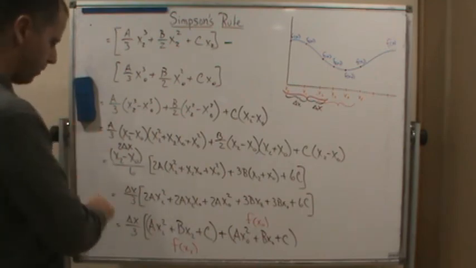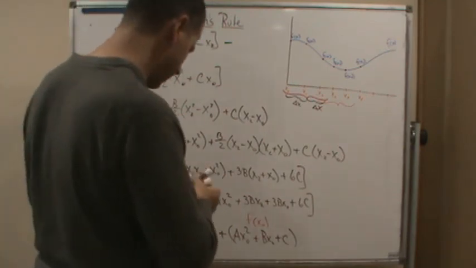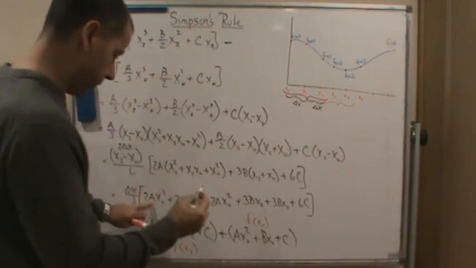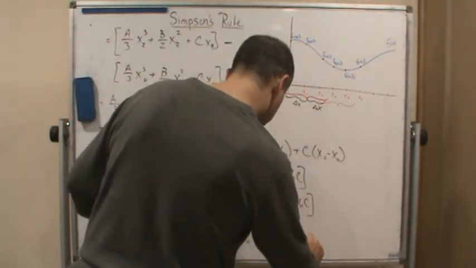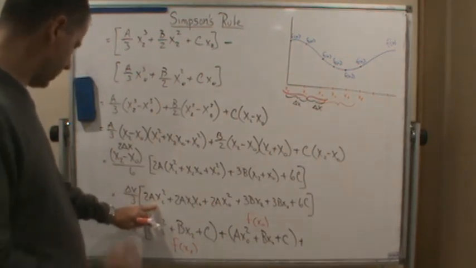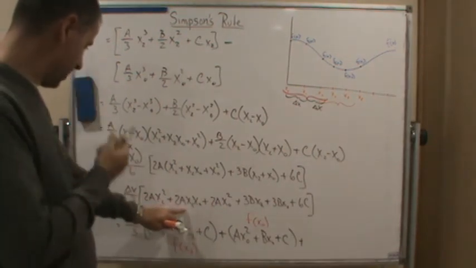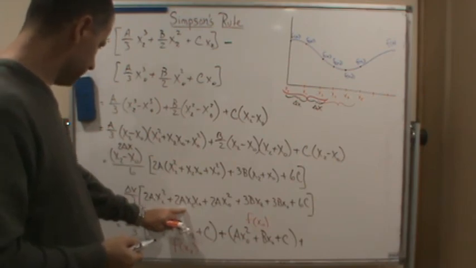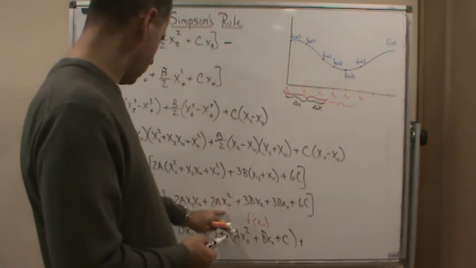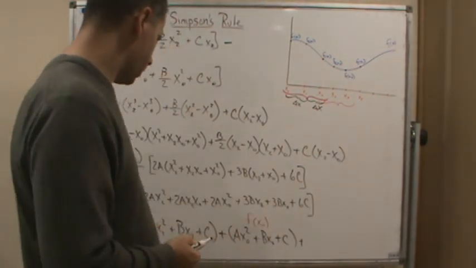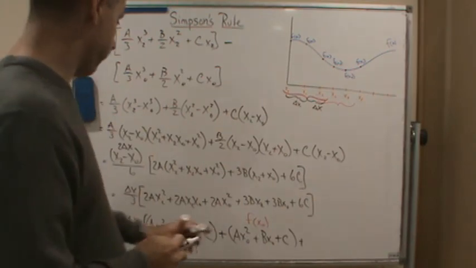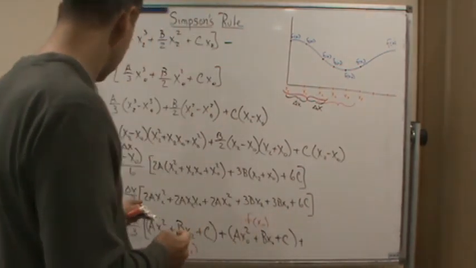Okay, and then we got the rest of it. Let's see what's left over. So we got one of these, two of these, one of these, two of those, and then four of these left over.